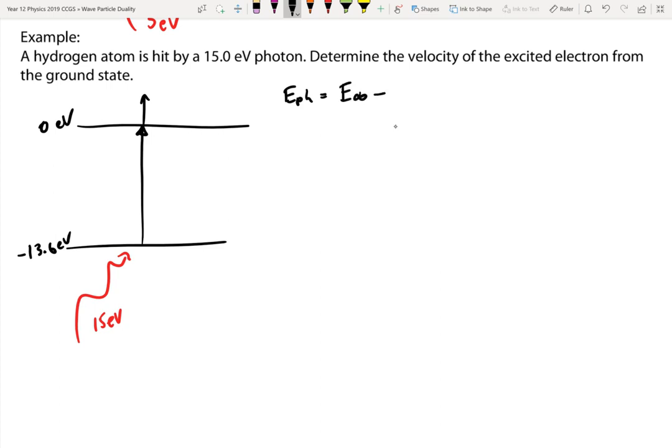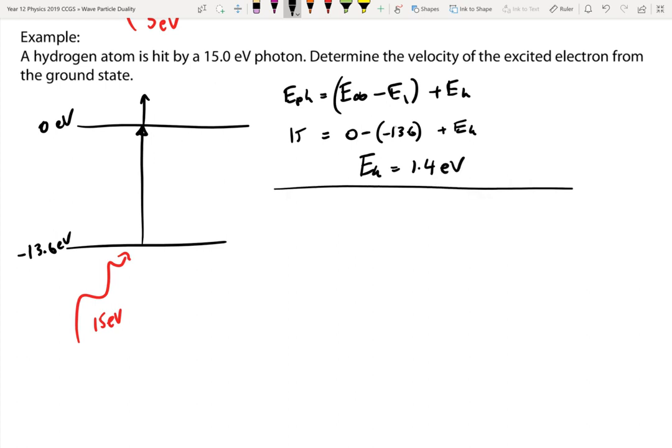E_infinity minus E_1, yeah, that works, plus E_K. So that's 0 minus negative 13.6, which is 15 plus E_K. E_K equals, I'm bad at maths, 1.4 eV.